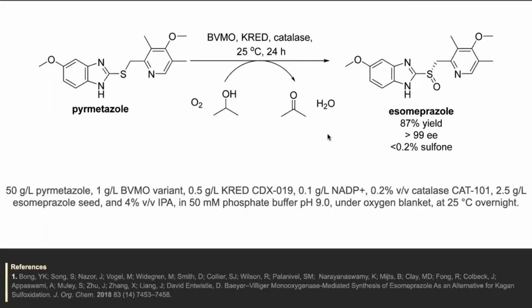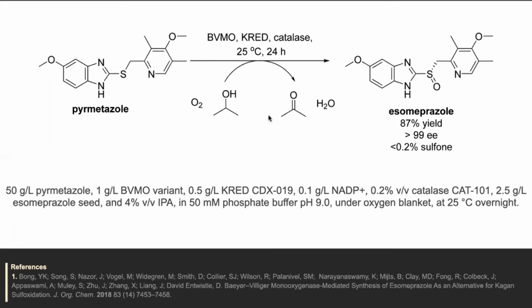They combine a Baeyer-Villiger Monooxygenase with a ketoreductase to perform the sulfur oxidation. The idea is that the ketoreductase can oxidize IPA to acetone, providing the costly NADPH to the BVMO.